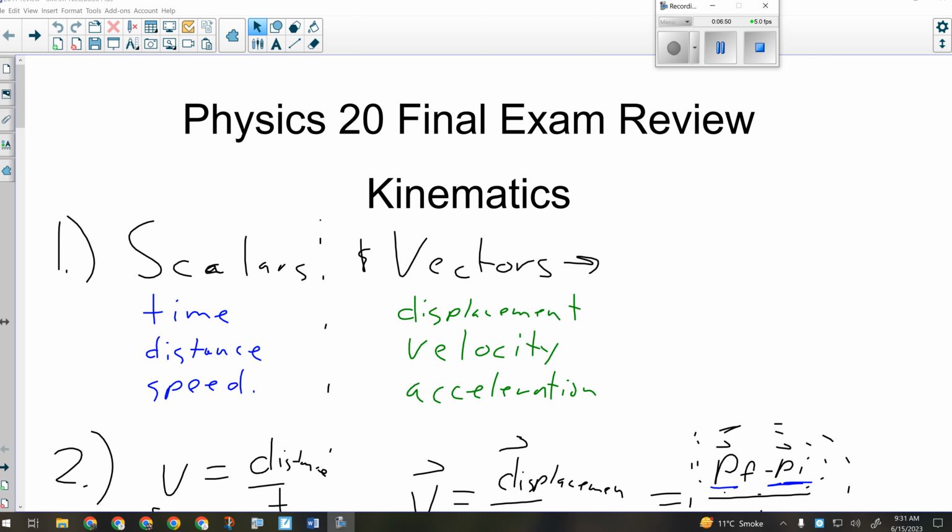Okay, and then you have a question that involves Newton's second law and vector component addition. So how do we add vectors? Put them tail to head, find the x's, find the y's, add the x's, add the y's, find your resultant. This one also involves Newton's second law.